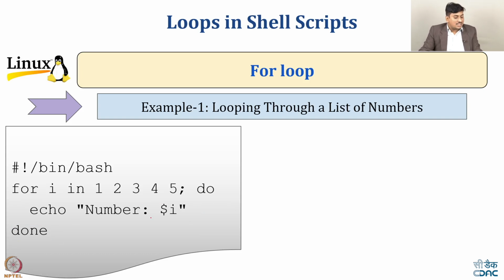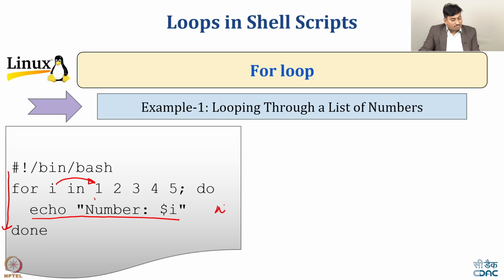So, what is the expected output when I execute this particular script at the very first iteration? First it should look for one value, then go here and execute this set of code. So number 1.